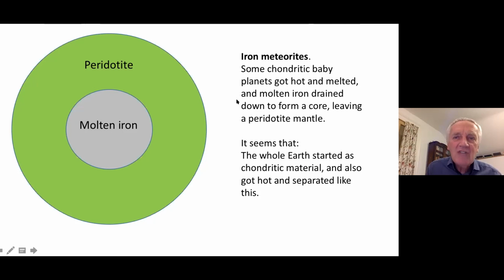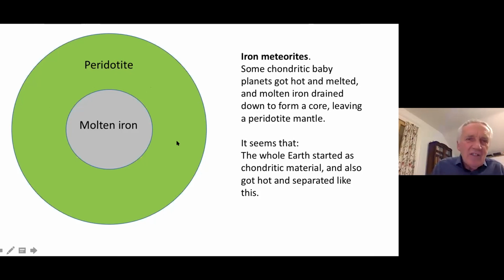And the molten iron drained down to form a molten iron core, which eventually solidified into iron metal, and it left behind a peridotite mantle. So some of the baby planets did this. And it seems that the whole Earth, our whole planet Earth, did something the same. It started off as chondritic material, it got hot and separated to form an iron core and a peridotite mantle.